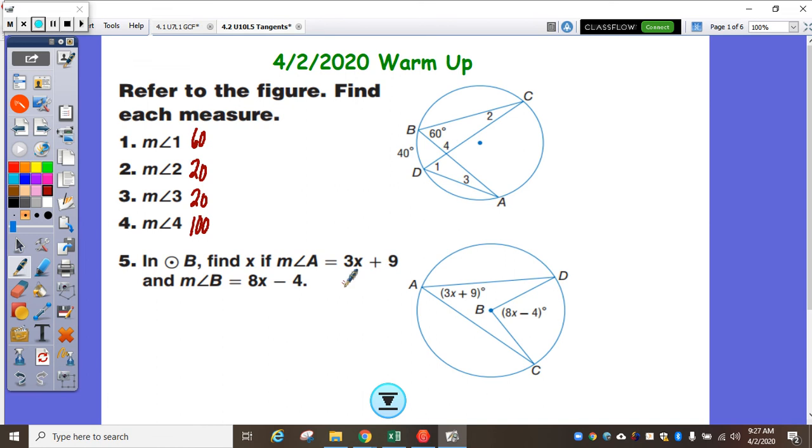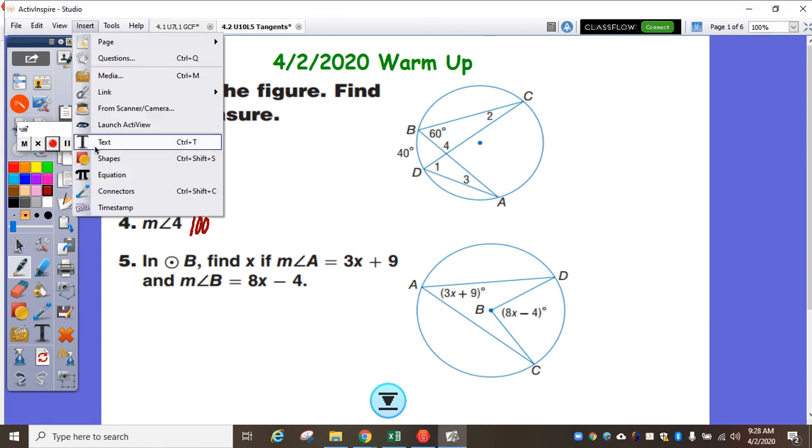All right, so for number 5, this is a little bit tricky, but if this is a central angle, then this angle is equal to the arc. So if this angle is 8x minus 4, the arc itself is also 8x minus 4. Let's put that in there.